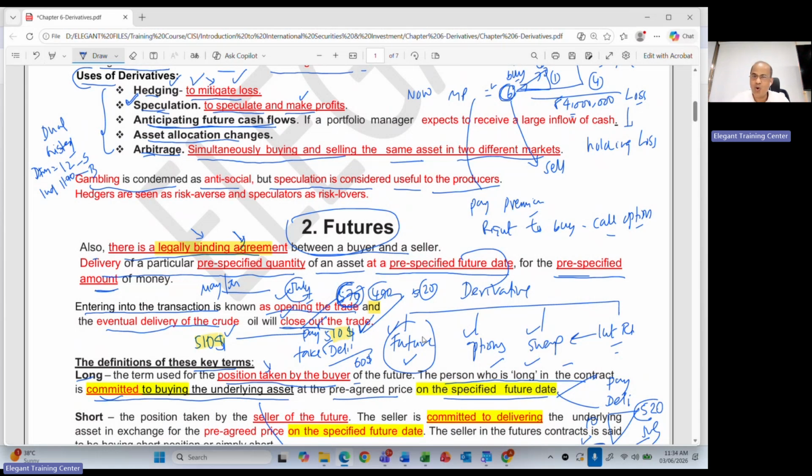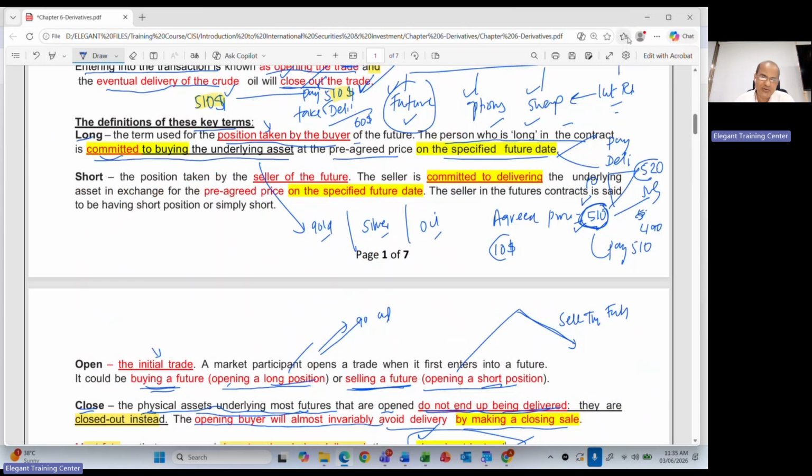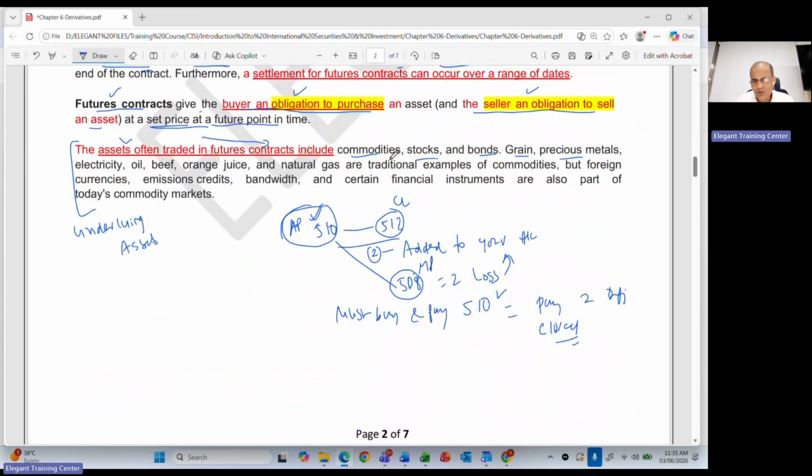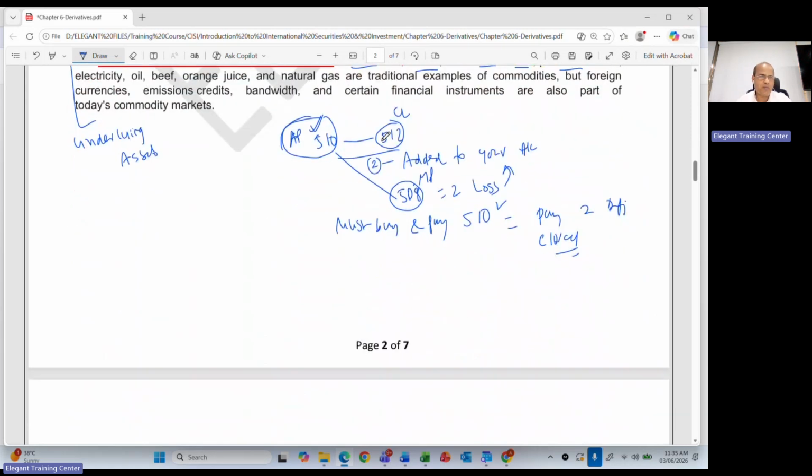A future contract is obligatory. Now, coming to options, another derivative contract. And what does option mean? Options means your choice, no obligation, right? No commitment. If you want to buy, buy. If you don't want to buy, not a problem.